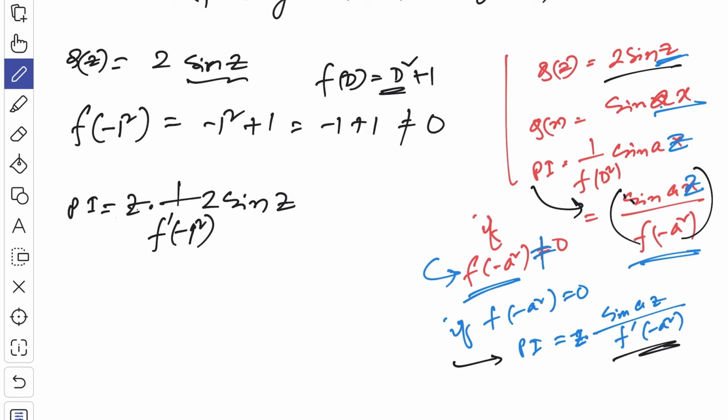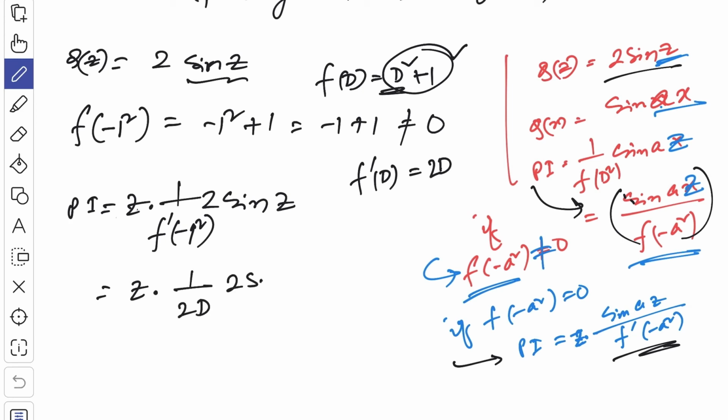So to find that, first we are going to find f dash D. So we know f of D is D square plus 1. If you find f dash D, then what you will get? You will get 2D, right? So z into 1 by 2D of 2 sine z.